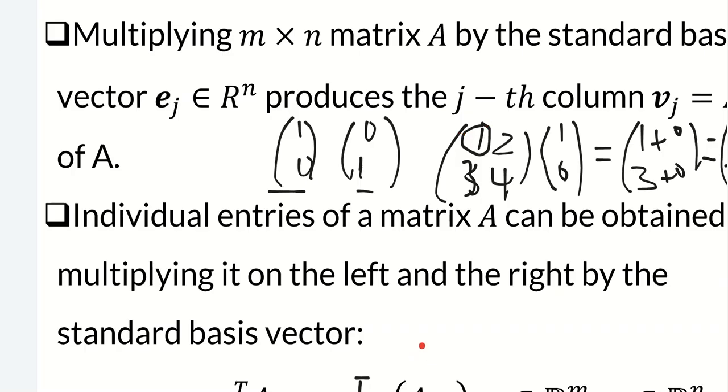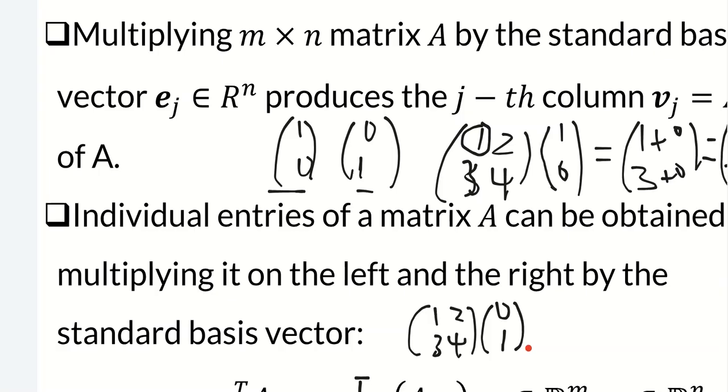So what I'm supposed to do is multiply my matrix, which is 1, 2, 3, 4, by the j. The j is the second one, which is 0, 1, right?